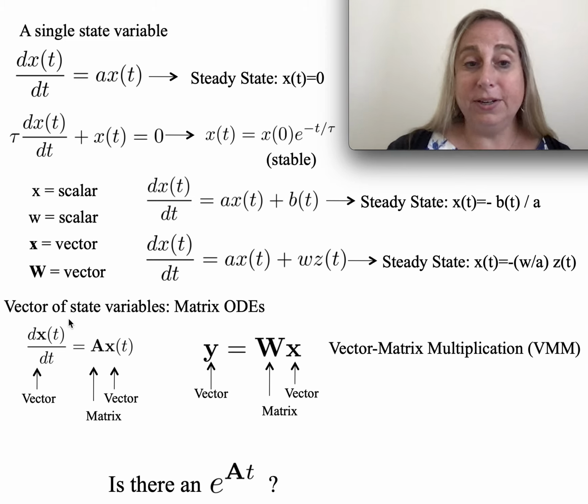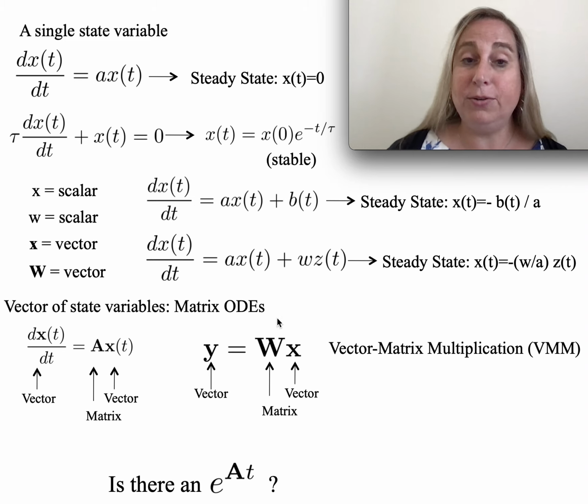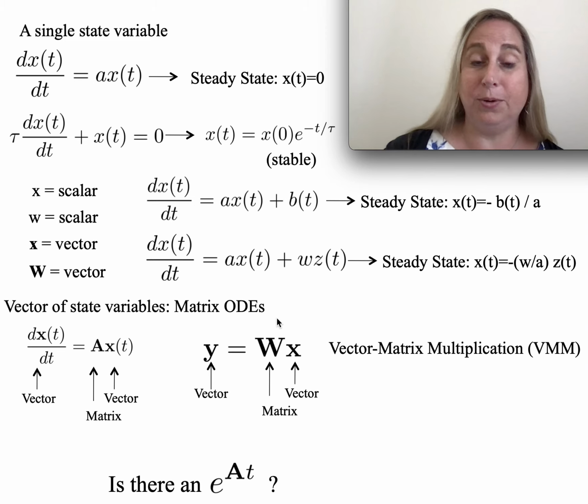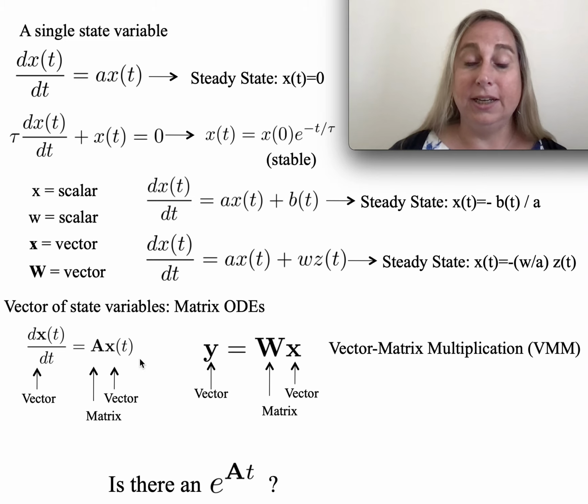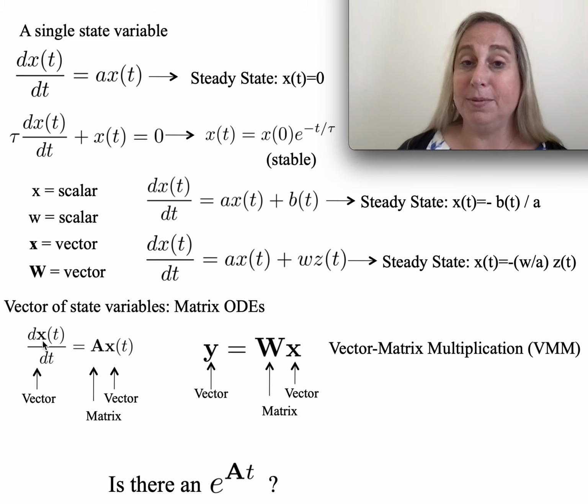If you talk about a vector of state variables, you can get differential equations that involve vectors and matrices. That's really cool, because now I could have dx of t dt equal to this matrix A times x of t. The number of state variables is equal to the length of the vector x of t.